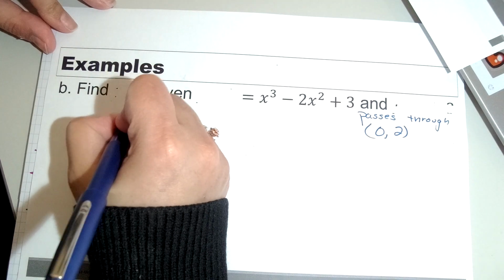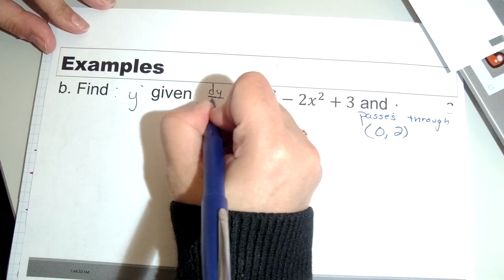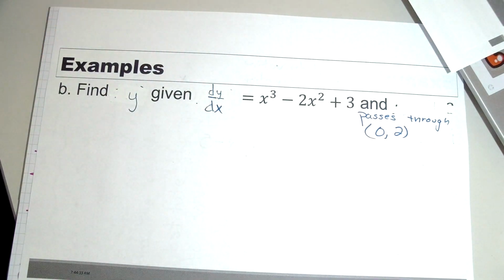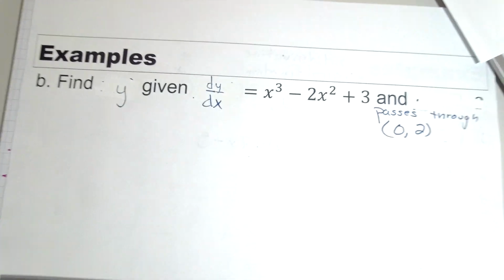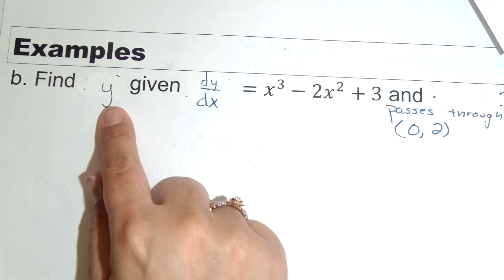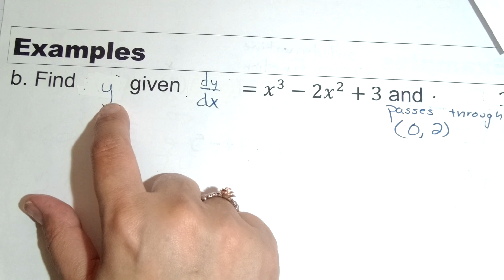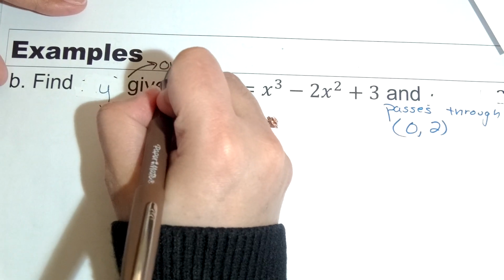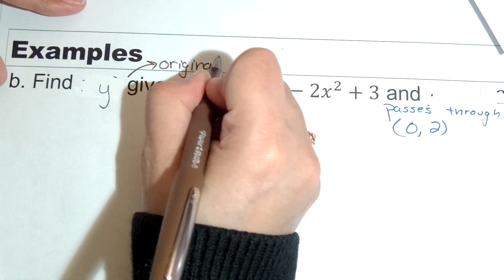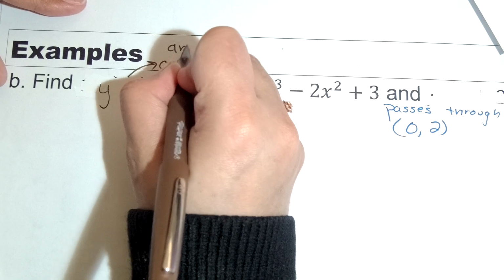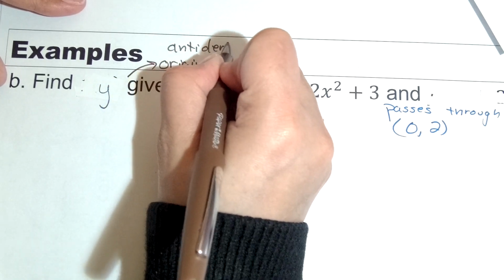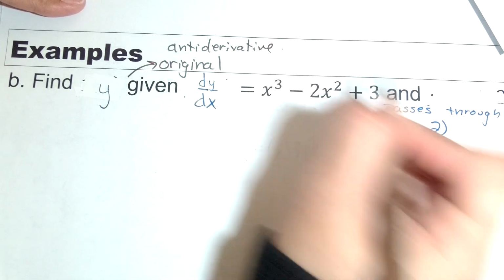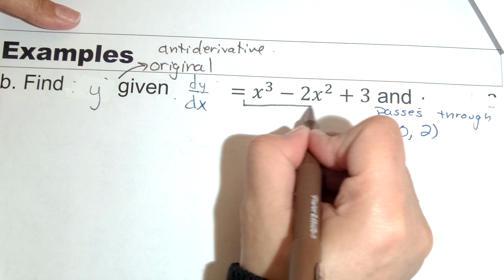Okay, find y, given that dy dx, and passes through the point. Alright, so let's look at this example. Now we have an equation because we're going to have to find y. This again is my original equation that we have to find, which is my antiderivative. This is my derivative.